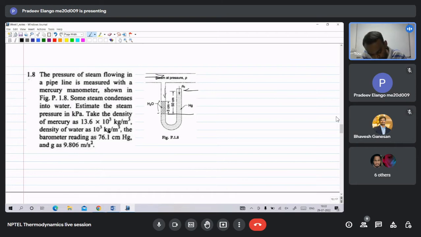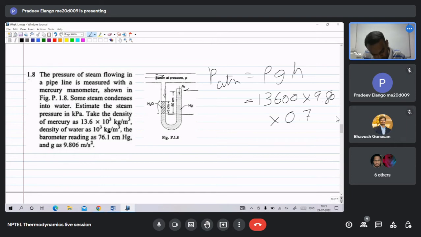So P atmosphere is equal to rho GH. That is 13,600 into 9.806 into height 0.761 meters.